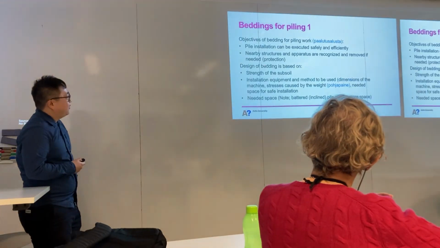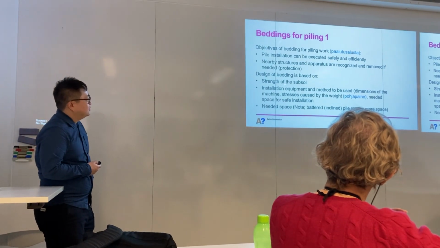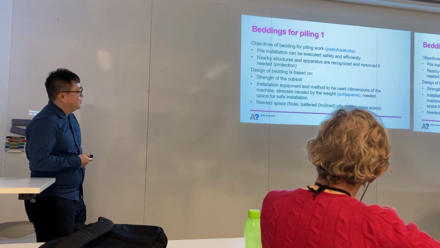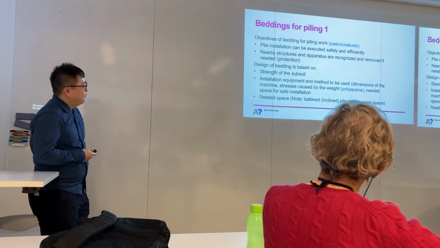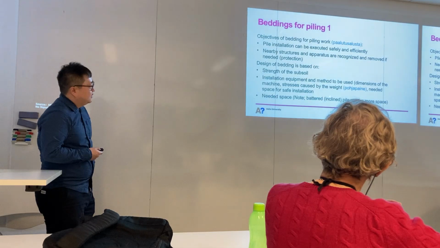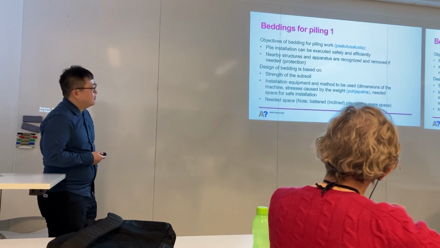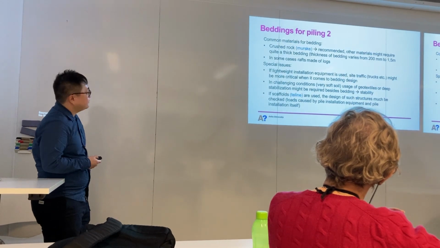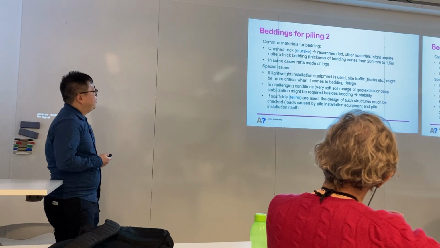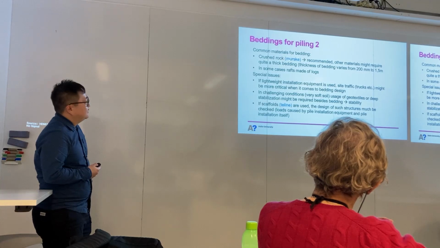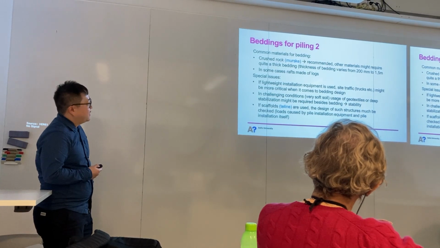When we design the bedding, it's based on the strength of the subsoil and the installation equipment and method to be used. Also, for some inclined piles, we need more space for the installation. The common materials for the bedding include crushed rock, which is highly recommended.